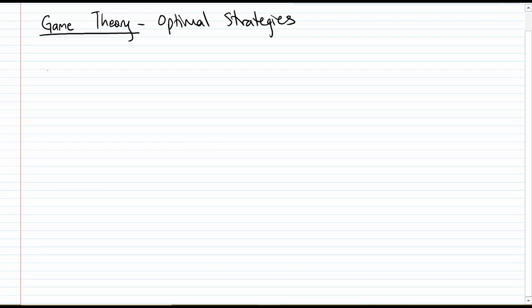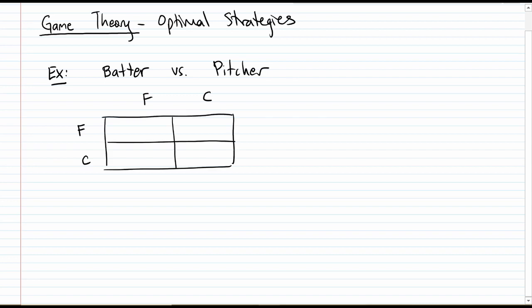So I'd like to take a look at the example of the batter going up against the pitcher again. So here we go, we had the batter versus a pitcher. And what did the game matrix look like? Well, the batter could guess fastball or curveball, and the pitcher could throw fastball or curveball.